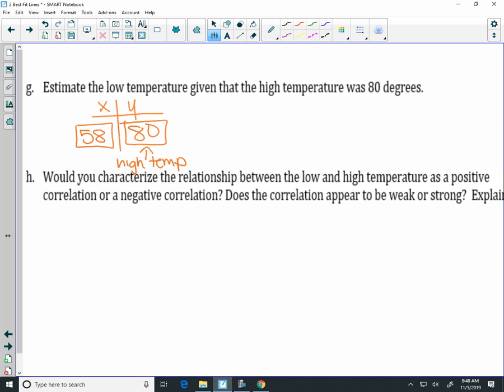What do you think about this correlation, positive or negative, when you're looking at your scatter plot? Positive, absolutely. It's uphill, so it's positive. Is it weak or strong? If you're going to estimate an R value for this, are they close to a line? Yeah, absolutely.